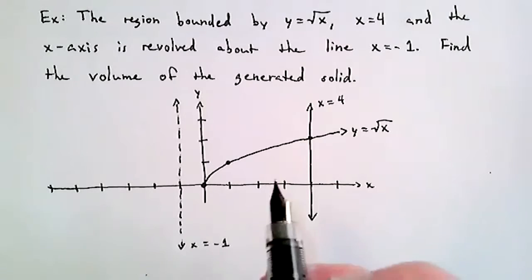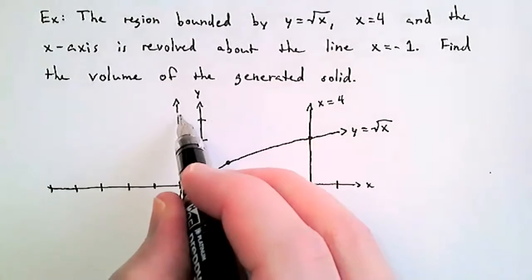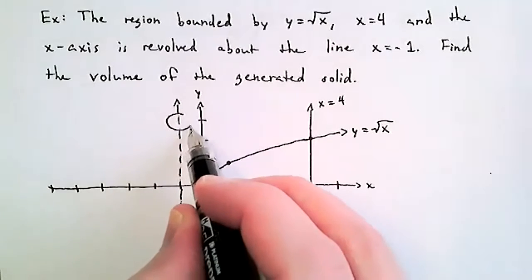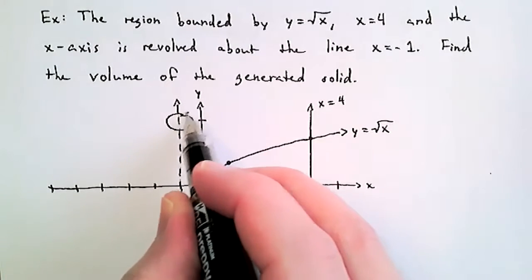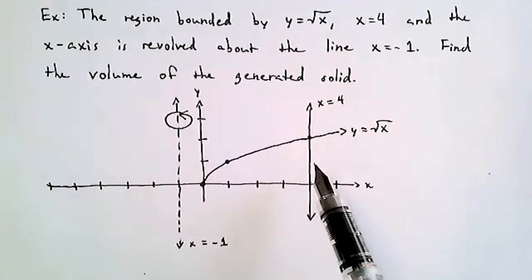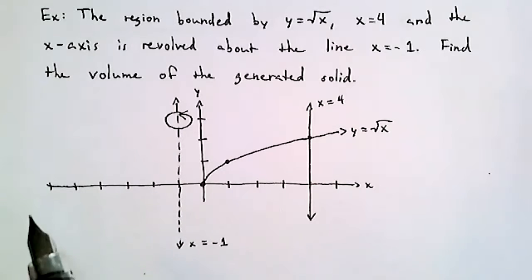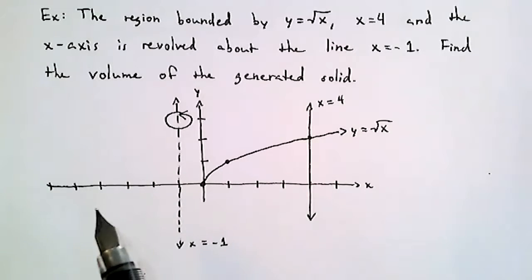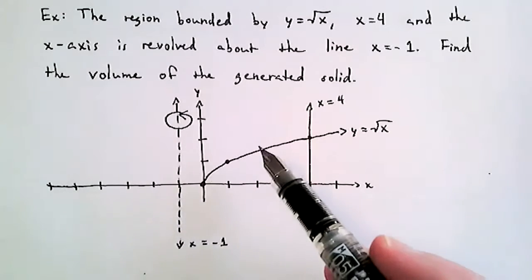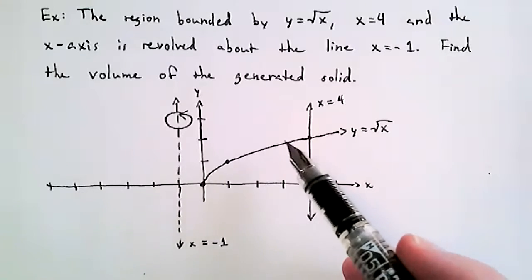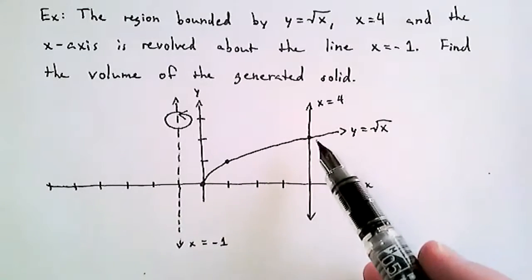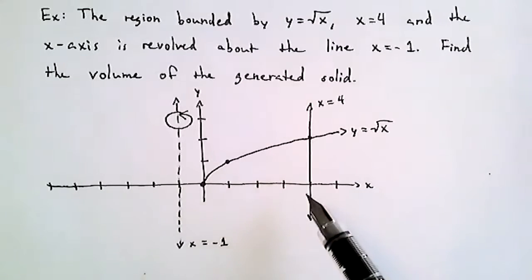Now we have to think about what happens when we revolve. So this is going to be revolved around this way to form a three-dimensional ring shape again. This one isn't rounded like in the last example. It has an edge here, a straight edge.